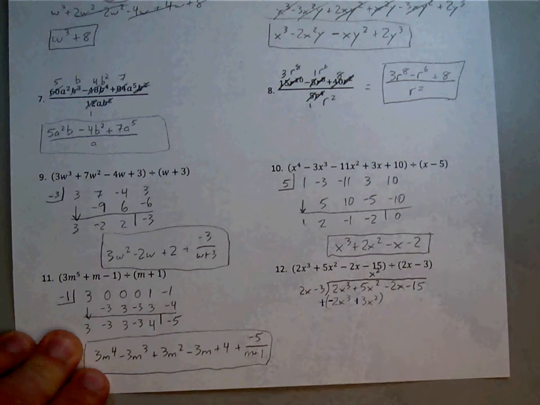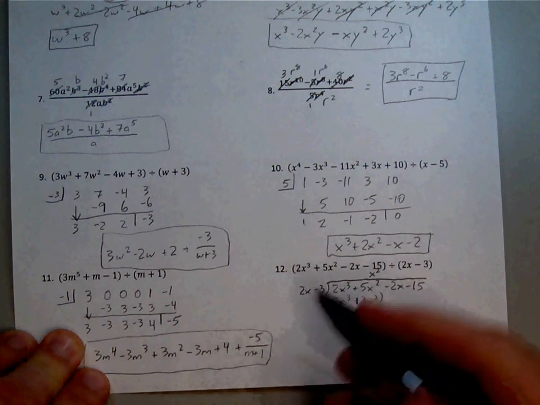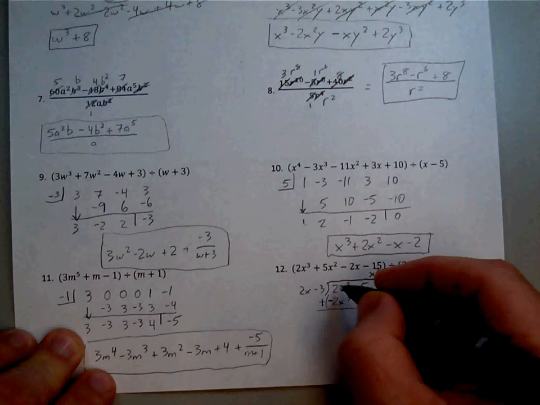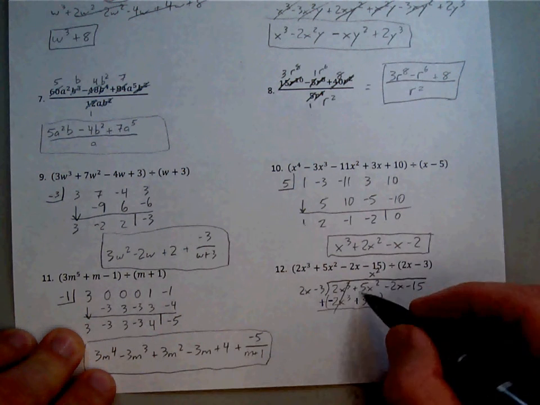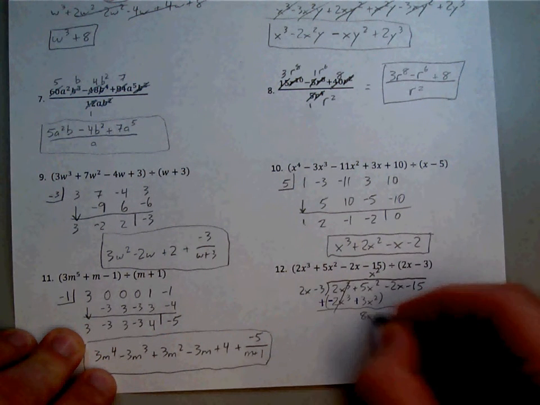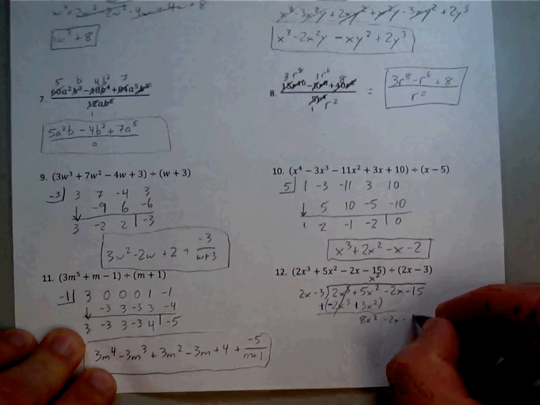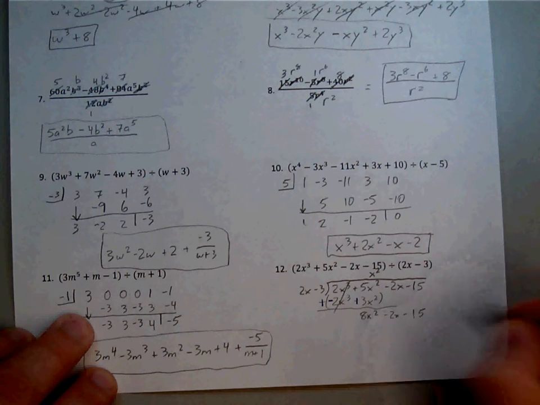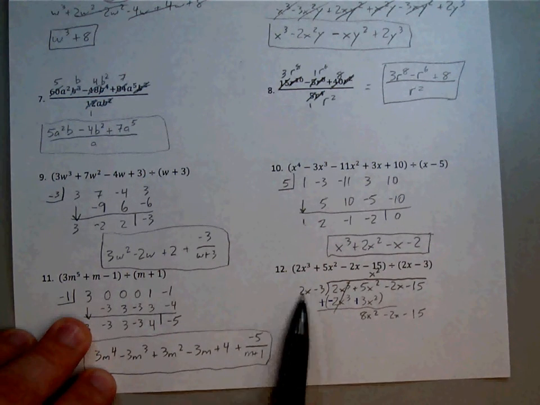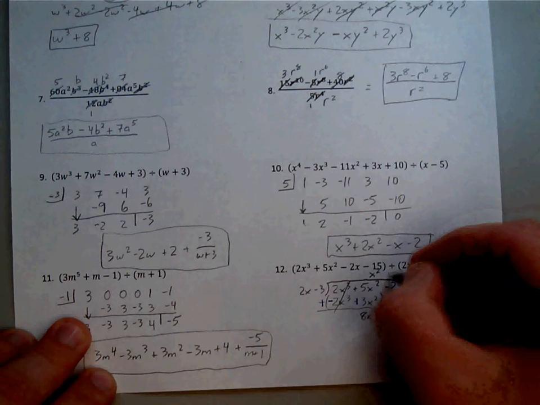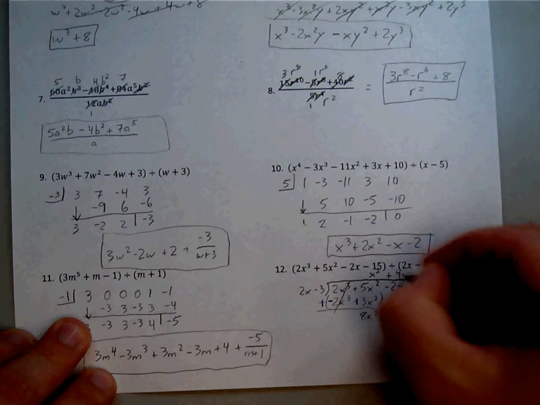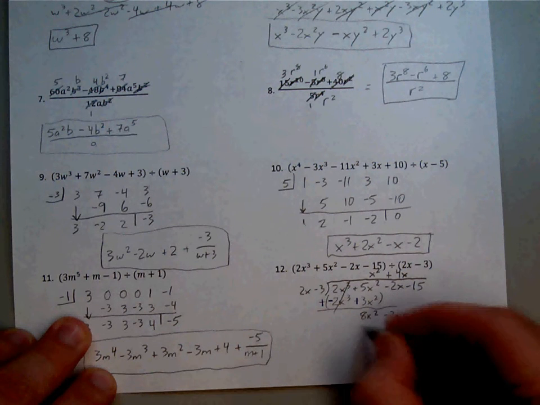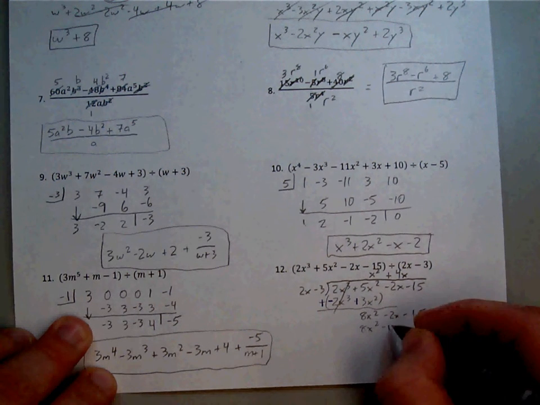I'll do a different color just so it kind of shows up. 2x cubed cancel. I get 8x squared. Drop the other terms. Repeat the process. To get from 2x to 8x squared, we need a 4x. So distribute 8x squared minus 12x.